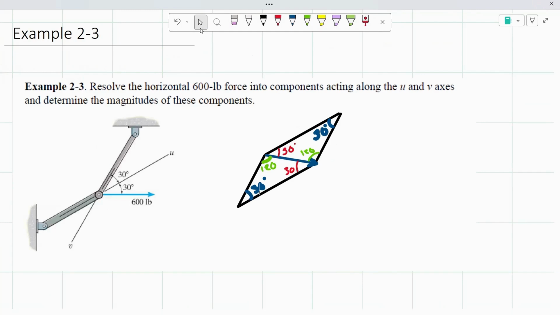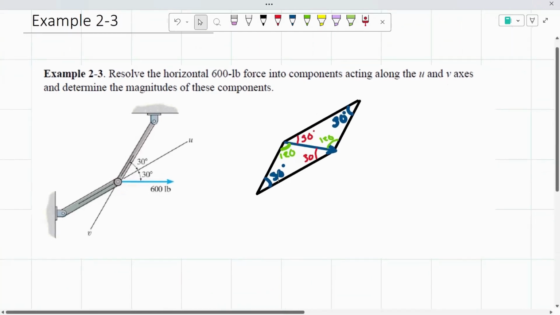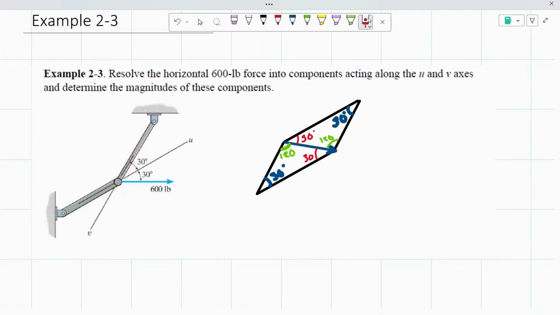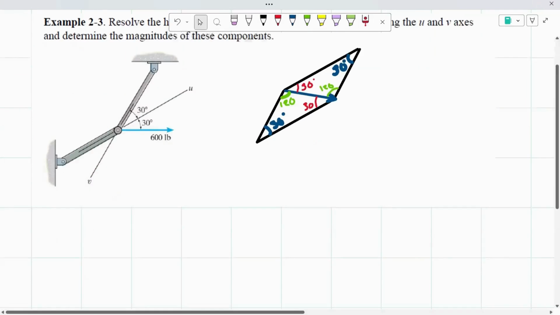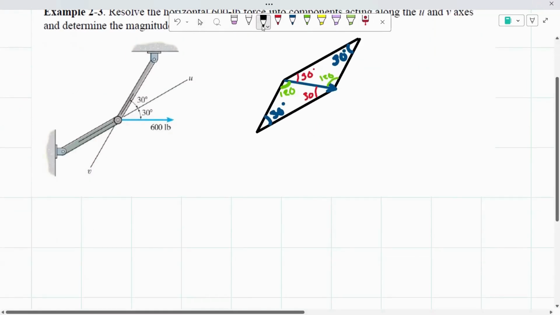the only thing that's left to do is to determine the magnitude of these two components. To do that, what I like doing is writing here to the side, what are the things that we know? What are the things that we already have? So, known.